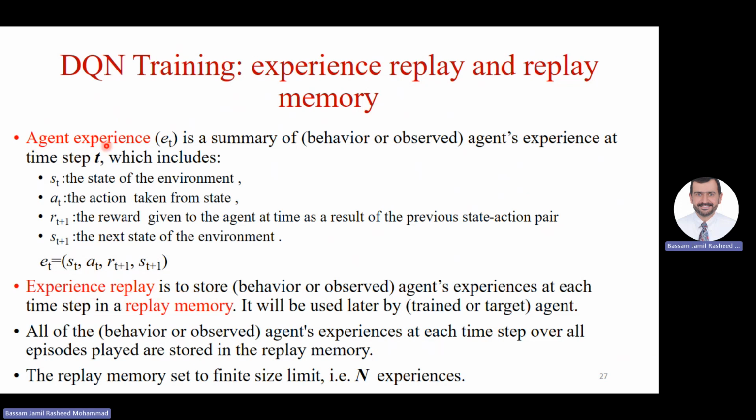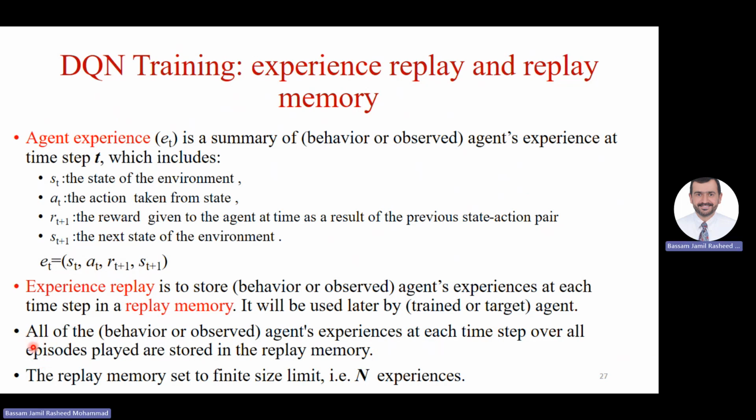I am going to store all these experiences, the agent experiences at each step, in a replay memory. Basically, I will put those experiences in a replay memory so that I can do experience replay, meaning I will take them one by one so that I can use them for my training. Okay.